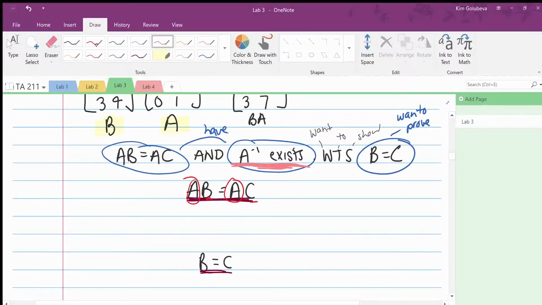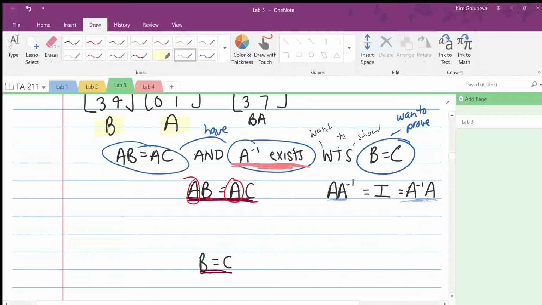Now, we know from previous labs that A times A inverse just equals the identity matrix, right? And in this case, it doesn't matter which side the A and the A inverse are on, because it gives us the identity either way.